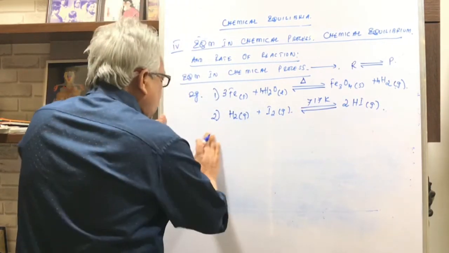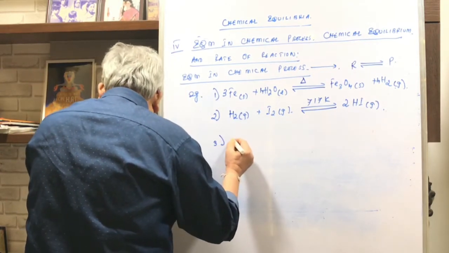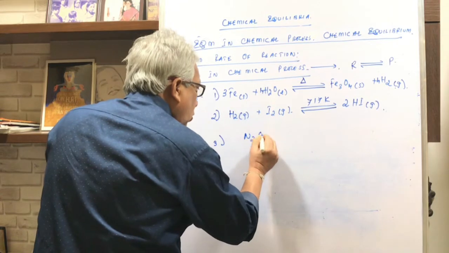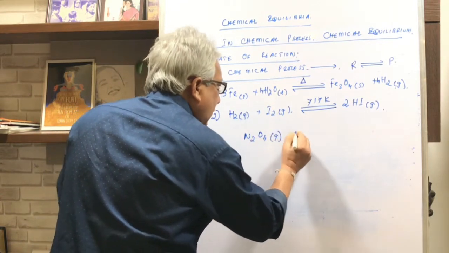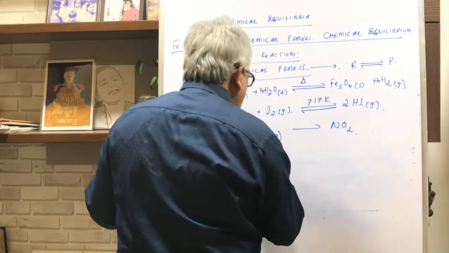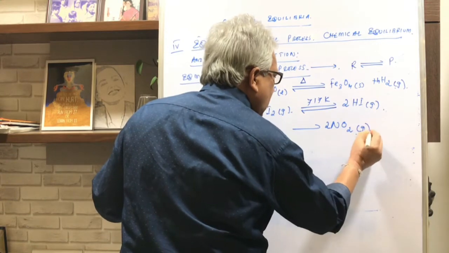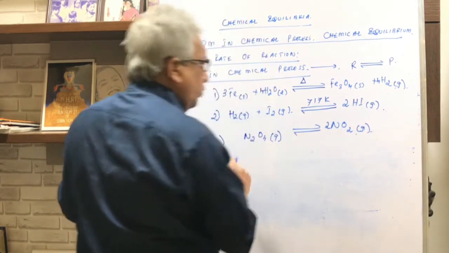The third example that I give is of N2O4 gas getting converted into NO2, for balancing 2NO2, and then NO2 gas starts giving us N2O4.